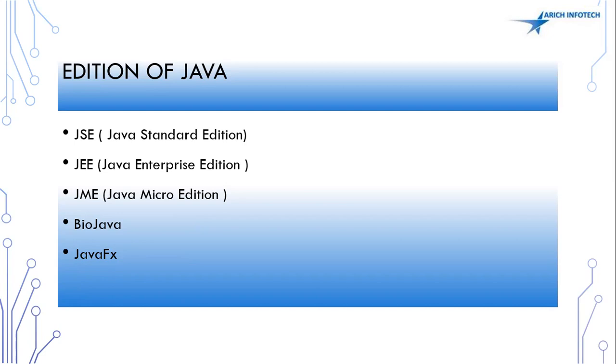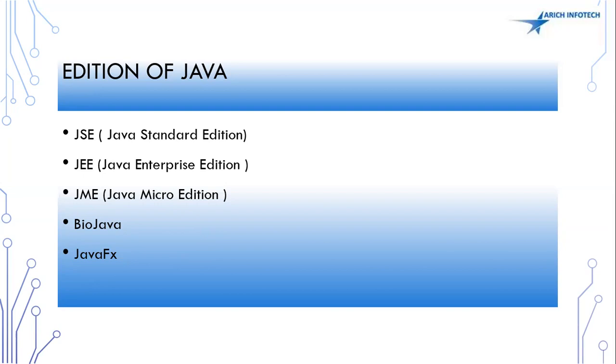If you want to develop a website or a web browser, we use JEE, Java Enterprise Edition. If you want to develop software for micro equipment, like a mobile, a set-top box, a remote control, for this purpose we use JME, but currently we use Android in place of JME.